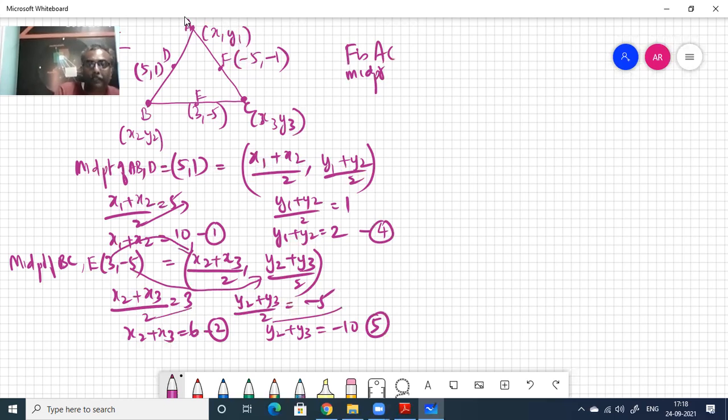The other thing you have to do now is AC, where F is the midpoint of AC. So (-5, -1) is equal to (x1 plus x3) by 2 comma (y1 plus y3) by 2.